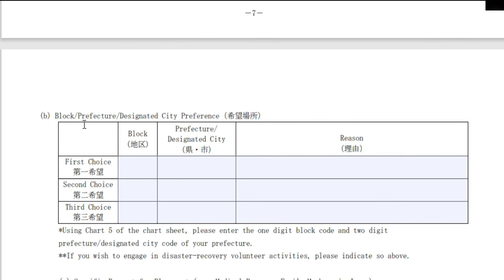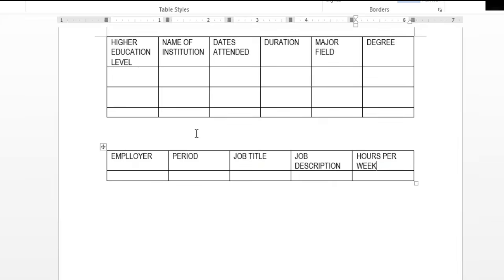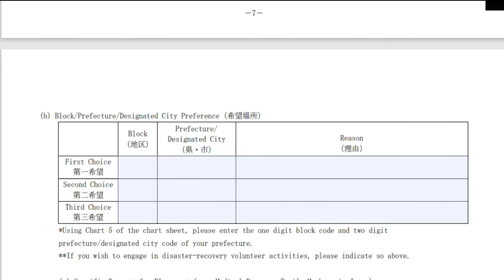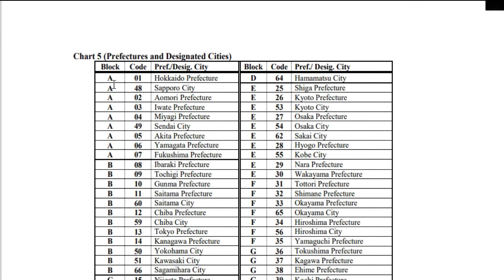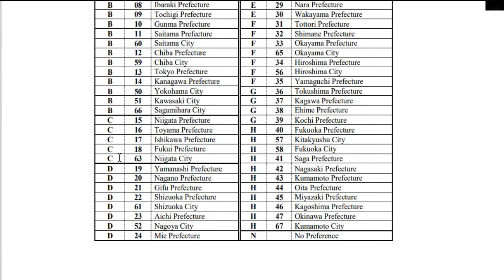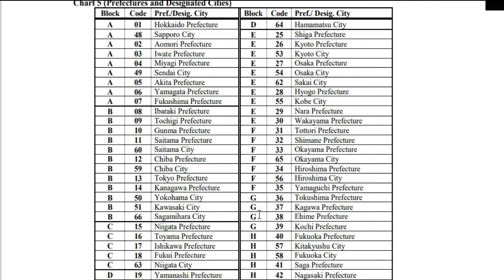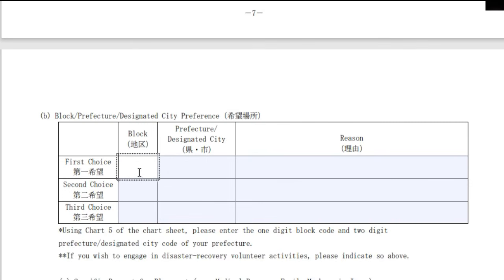And then your blocks or your preferences. Again, you have to refer to chart number 5 for the preferences of your prefectures. They have here the blocks A, B, C, D, E, F, G, H, and then no preference is N. So for example, you want to go to Tokyo Prefecture, you click here block B and then right here Tokyo, and then the reason why you want to go to Tokyo.